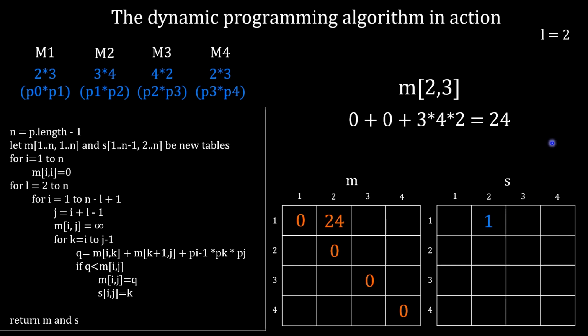So we're then just doing another subproblem. So this is the smaller subproblem that we could do. Well, technically we did do the smaller subproblems, which are just the matrices themselves, but that's all going to be 0. So now we're moving on to a range of 2. So we're multiplying all the different ranges of matrices where it's just 2.